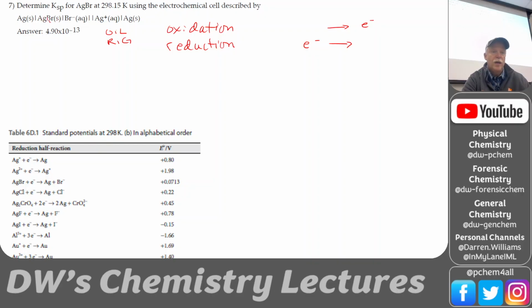We've got silver bromide solid, and then bromide aqueous. That's going to be the oxidation. Somehow we have to write this so that we have the electron on the right. So we're going to have the bromide minus here plus silver solid, because that's the electrode here.